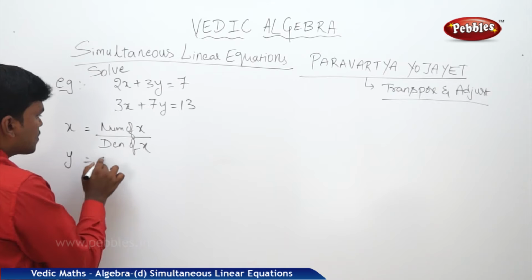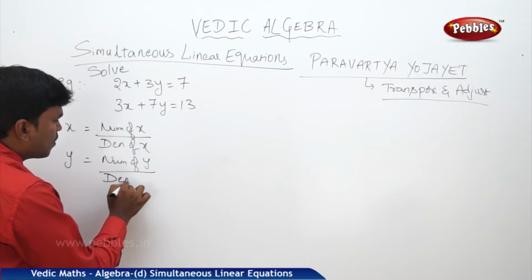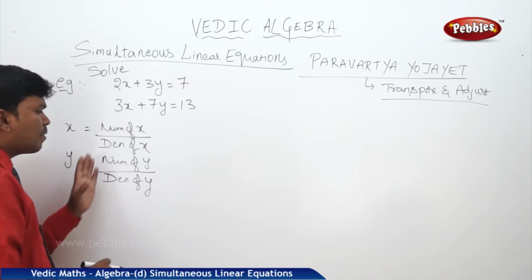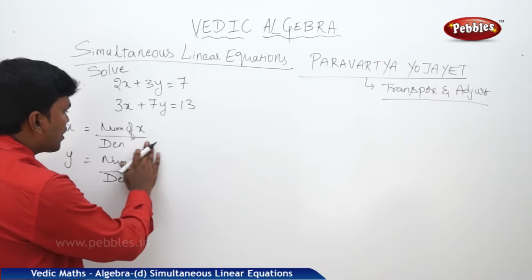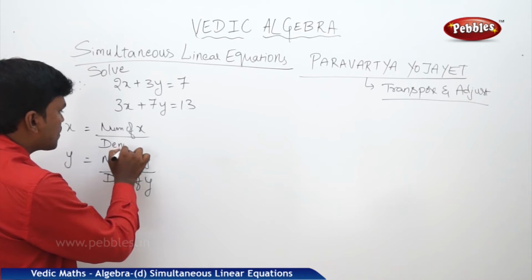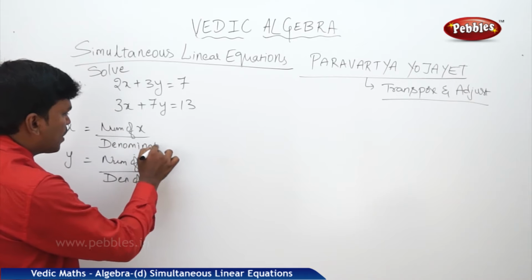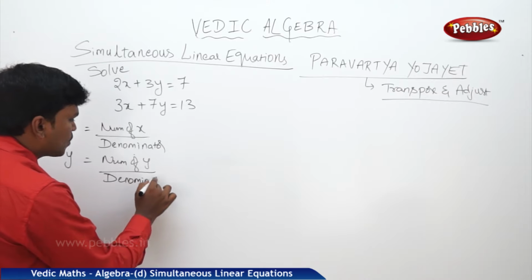Similarly, y is the numerator of y over the denominator of y. Denominator of x and denominator of y are both the same, so I am not writing any x and y terms here; I will simply write denominator, because it is the same for both.